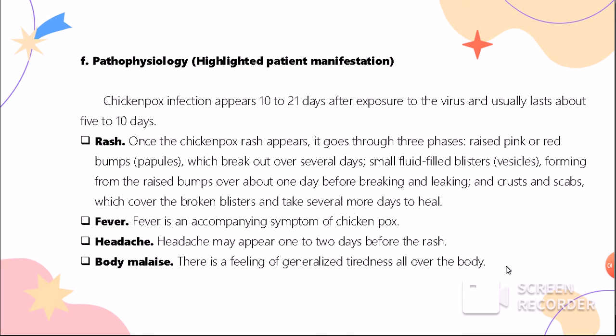Next is small fluid-filled blisters forming from the raised bumps over the body over about 1 day before breaking and leaking. The last one is crust and scabs, which cover the broken blisters and take several more days to heal. Fever. Fever is an accompanying symptom of chickenpox. Headache. Headache may appear 1 to 2 days before the rash. Body malaise. There is a feeling of generalized tiredness all over the body.